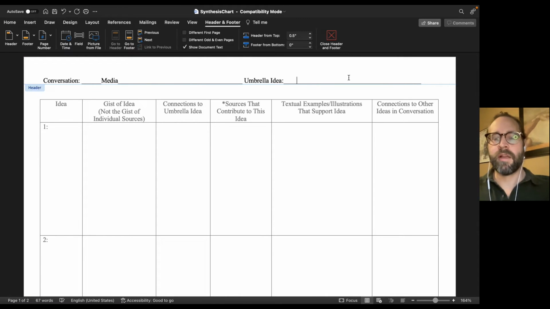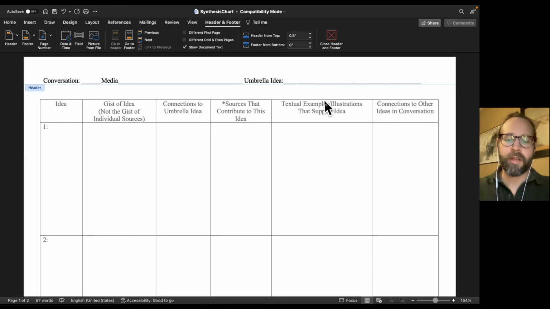So then we get into the umbrella idea. The umbrella idea is a little bit more involved than your conversation, your topic, which is media. The umbrella idea is basically your working thesis. For example, and this can change, this can revise as you work, this is just kind of where you are at this point.